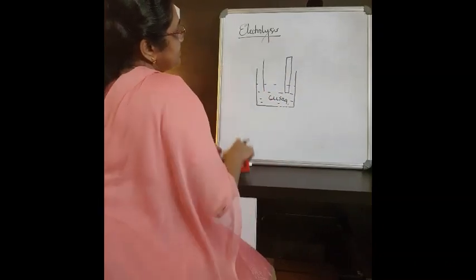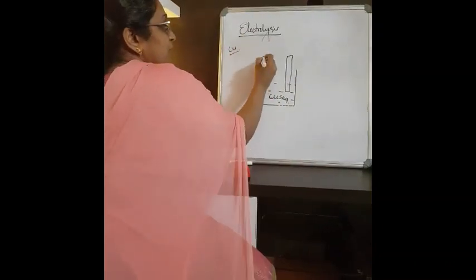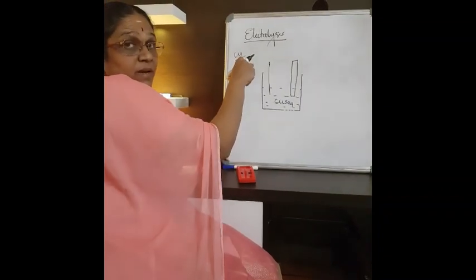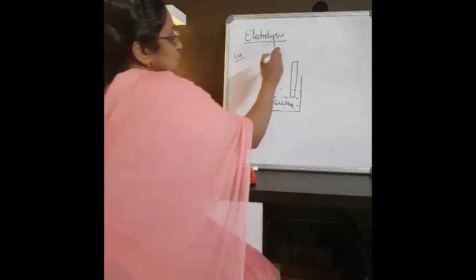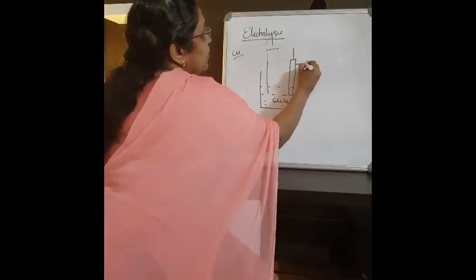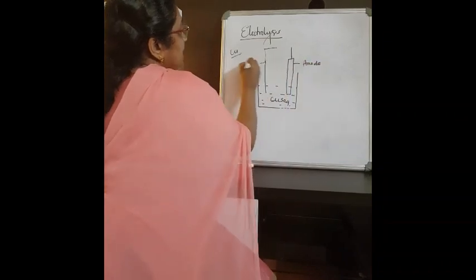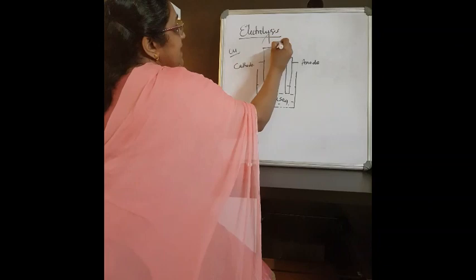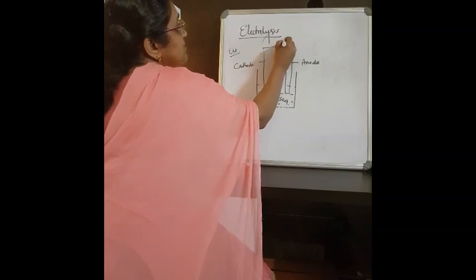Now we know electrolytic cell means the power supply is given externally, isn't it? So here this is the anode and this is the cathode. Cathode is negative and anode is positive.